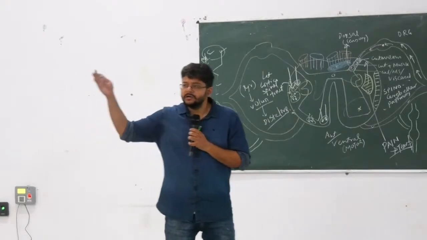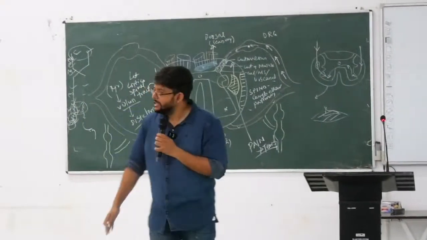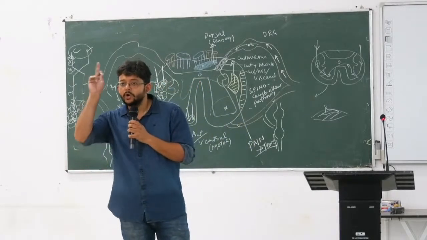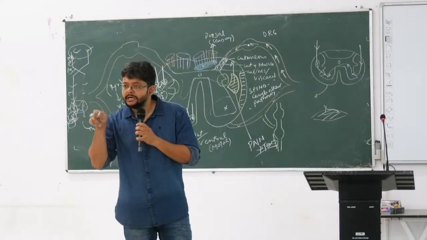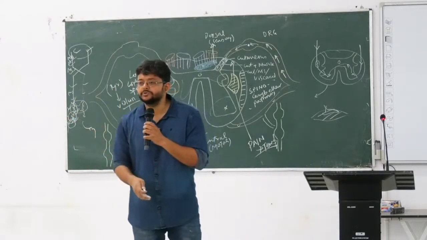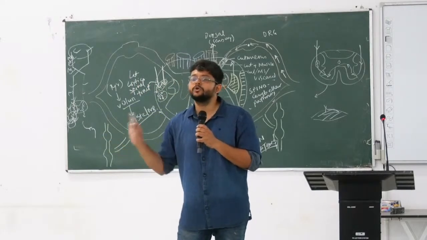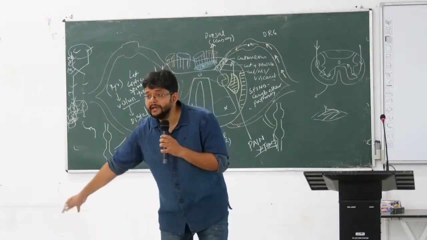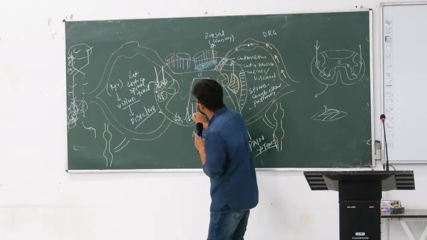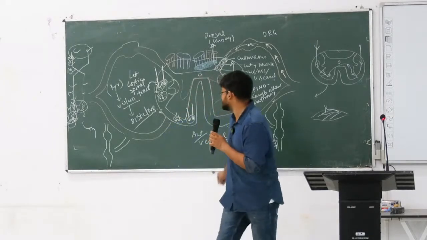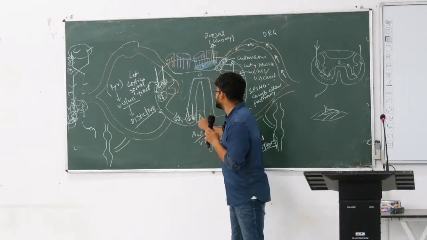Clear? So pyramidal tract, straight arrow, conscious motor. This is conscious motor, and since this is in the lateral corticospinal tract, this is causing voluntary motor activity of the limbs.